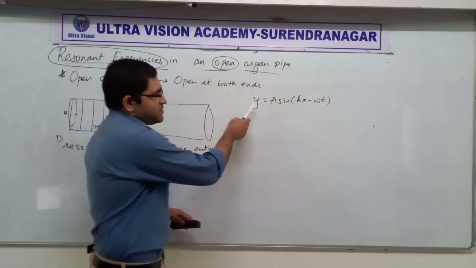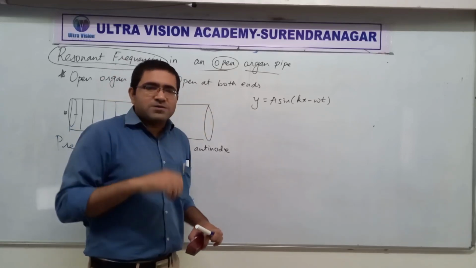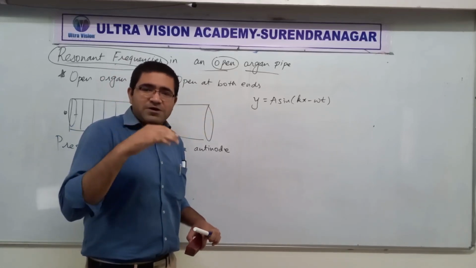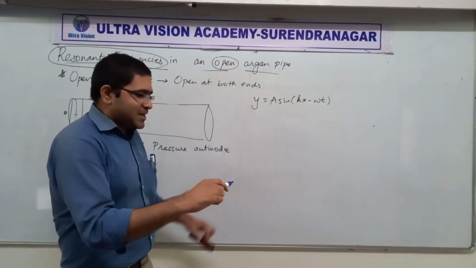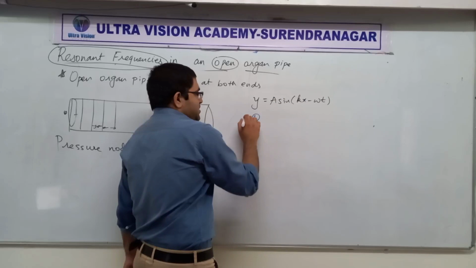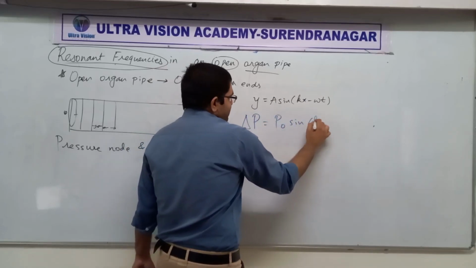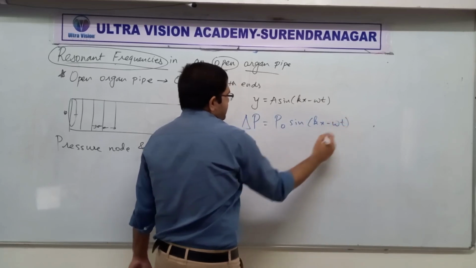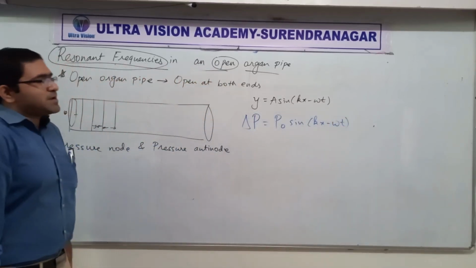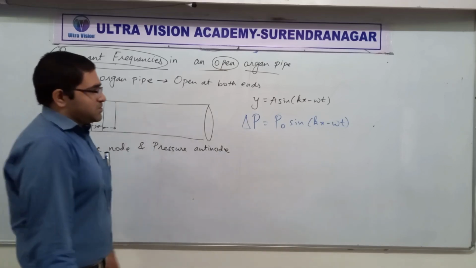Just like in the case of displacement, some particles go up, some go down compared to the mean position. In pressure's case also, when sound passes, pressure follows this kind of behavior. A pressure wave also follows this kind of equation.